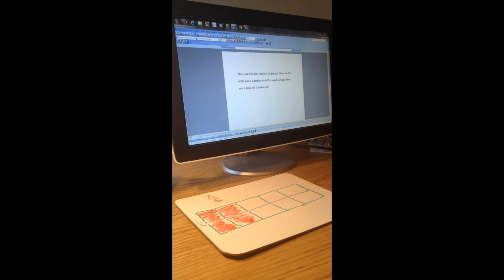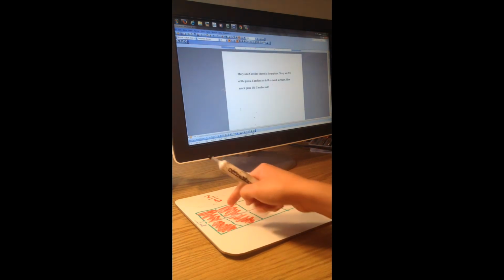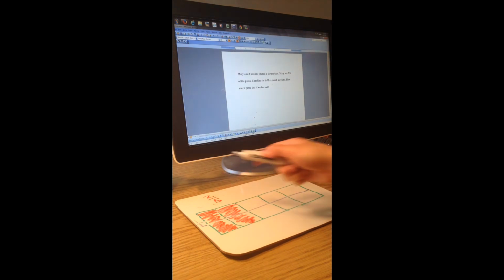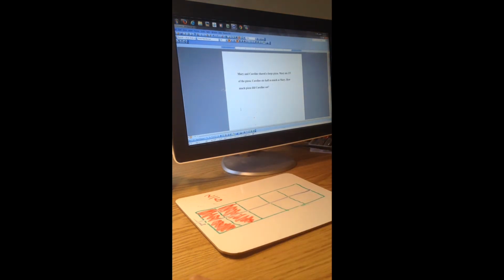We can see here that there are 2 parts, 1 and 2. Altogether, there are 1, 2, 3, 4, 5, 6, 7, 8, 9, 10. Altogether, there are 10 pieces.